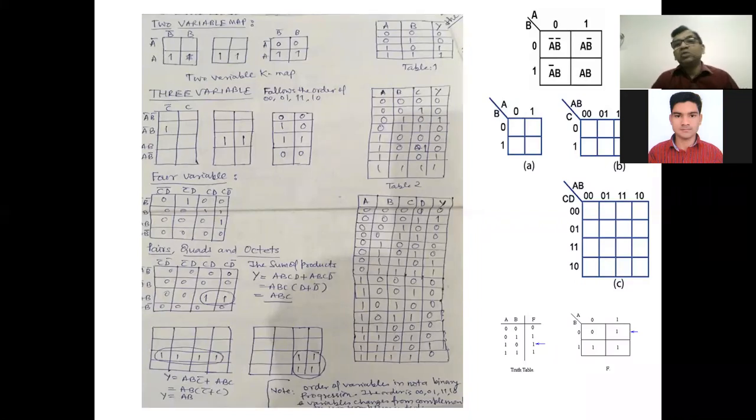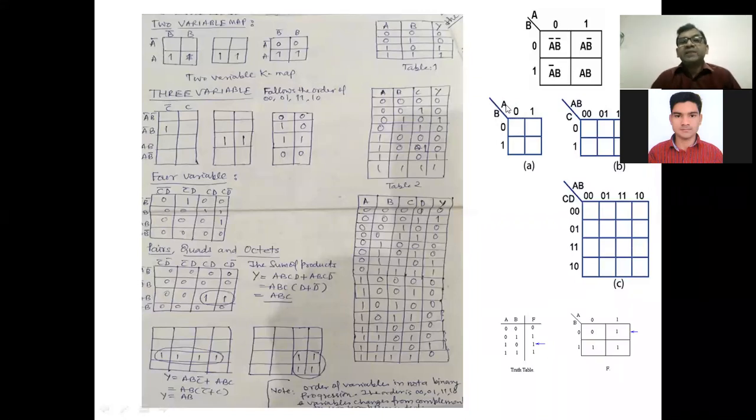For example, if there are two variables, there will be 4 squares, and this can be represented as B oblique A, or A can be in place of B and B in place of A. A or B can be here or there, whatever you want.